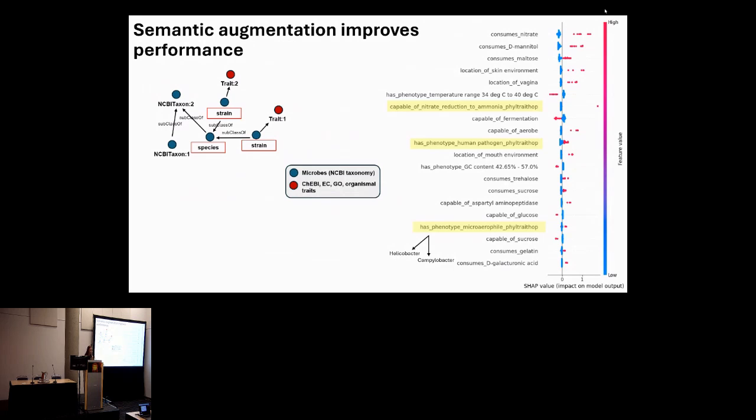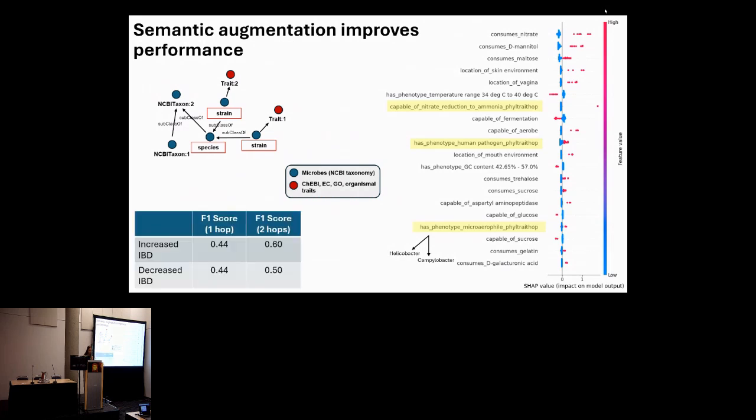So we have capable of nitrate reduction to ammonia, being a human pathogen, as we talked about earlier, which is relevant in the IBD context, and having the phenotype of being microaerophiles, which we see in 2 genera, Helicobacter and Campylobacter, which have been implicated in IBD and are microaerophiles. And although we're not only looking at the performance of the model, we do see an increase in that by incorporating the semantic structures that we've now been able to introduce into this knowledge graph.